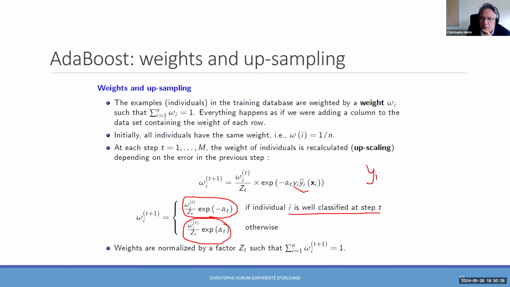A case of well classification is a case, for instance, where y and y hat is equal to 1. So this part is equal to 1. So I obtain this formula, otherwise I have 0.